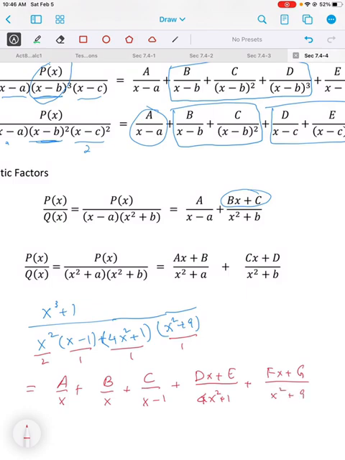So you have 1, 2, 3, 4, 5, 6, 7 coefficients which you have to figure out the values of and then go from there. So this is how we do partial fractions.